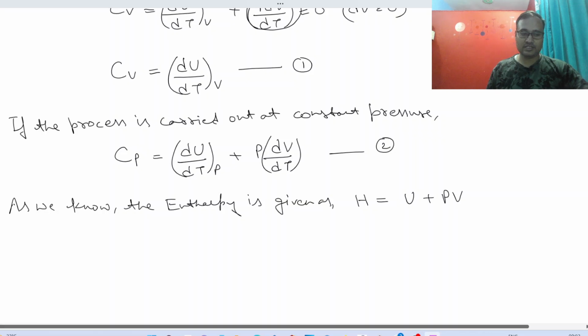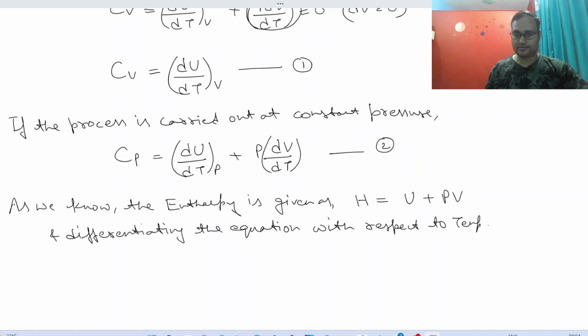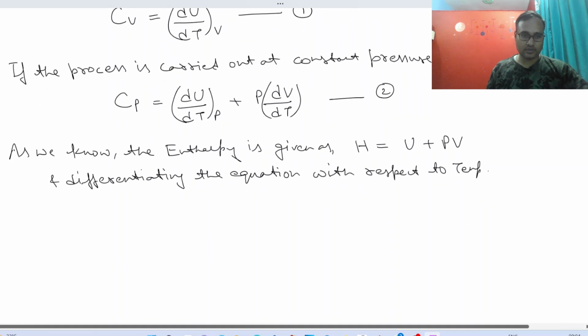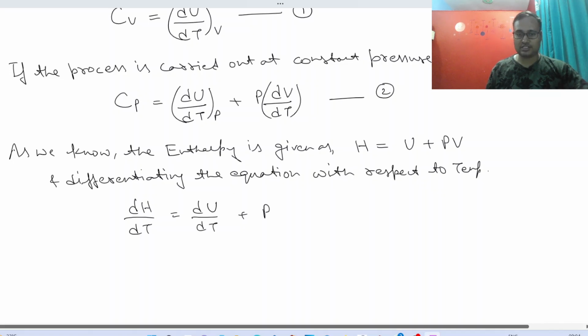Differentiating the equation with respect to temperature, we can write dH by dT is equal to dU by dT plus pressure, which is constant, times dV by dT.